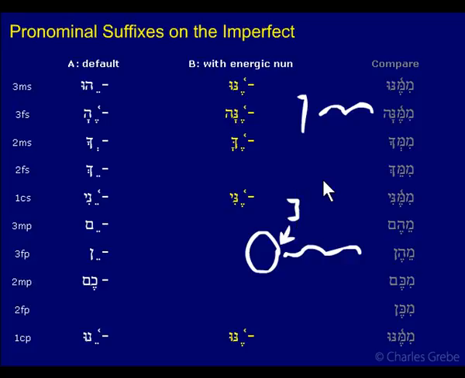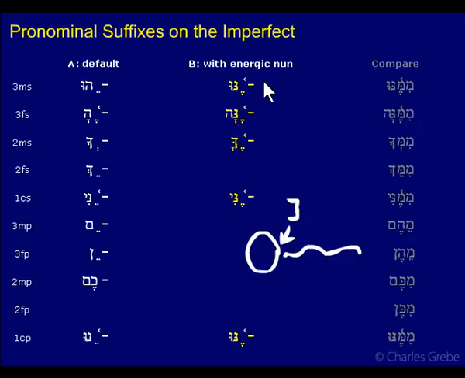It comes at the end of imperfects that have vowel endings. It just sometimes shows up. That's different than the energic nun, which comes between the imperfect and the suffix and is assimilated into the suffix. So Ross has a little discussion about that, so just so you don't confuse them, we mention it here. But what we're talking about here is the energic nun.